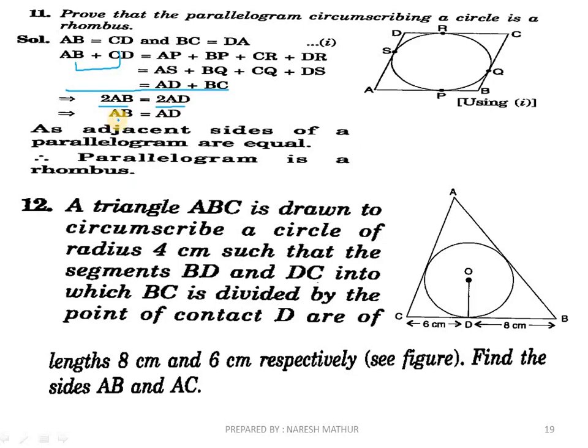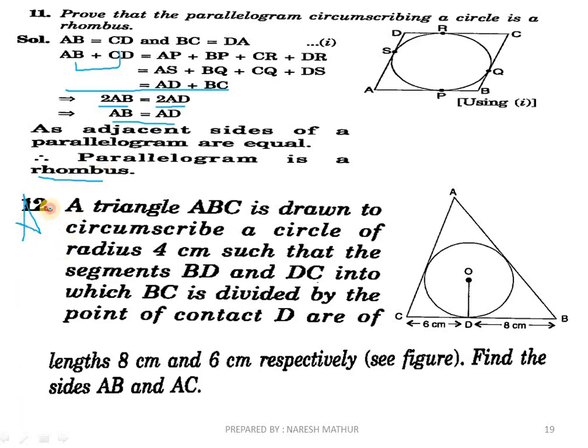Now divide the whole equation by 2, we can write AB equals AD. Now in a parallelogram, if adjacent sides are equal, then the parallelogram will be a rhombus. If adjacent sides of a parallelogram are equal, then we can say the parallelogram is a rhombus. Easy.